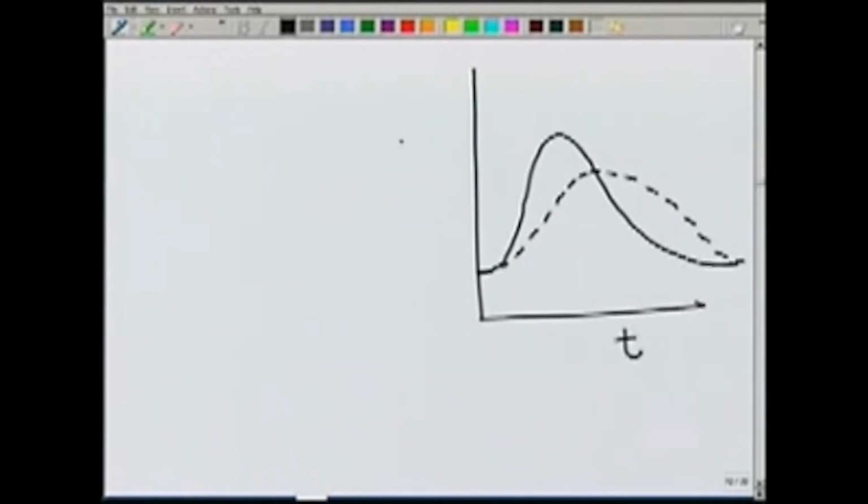So, this is inflow and outflow, where this shows the inflow and this shows the outflow.